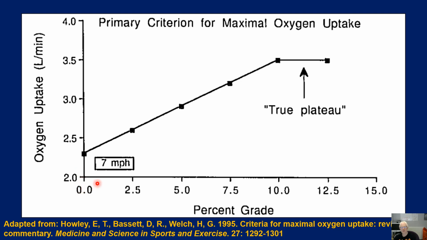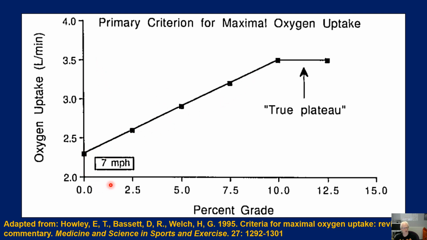But notice they're increasing the resistance here by increasing the gradient of the treadmill. So they're fundamentally making the treadmill gradient steeper. But the same thing applies, that we've got a linear-like relationship across all workloads and oxygen consumption.